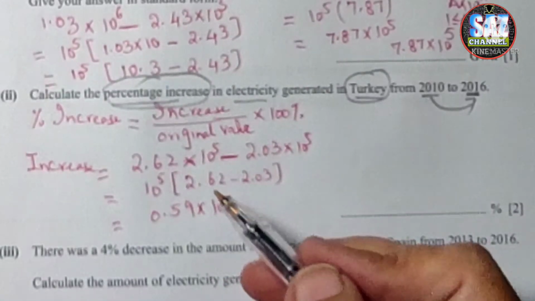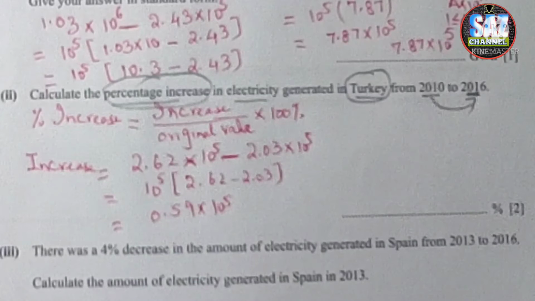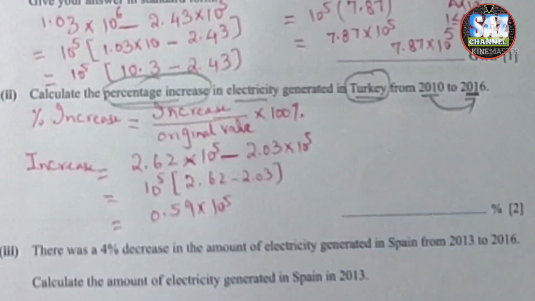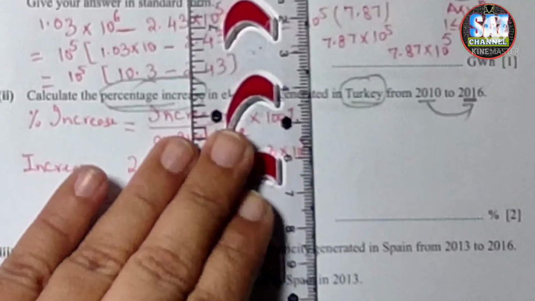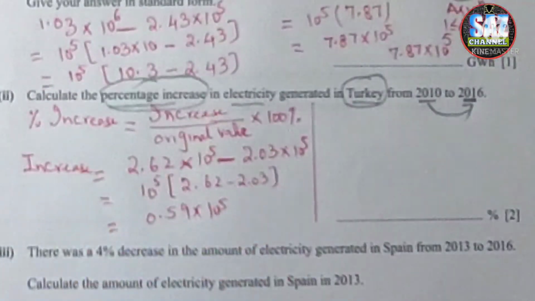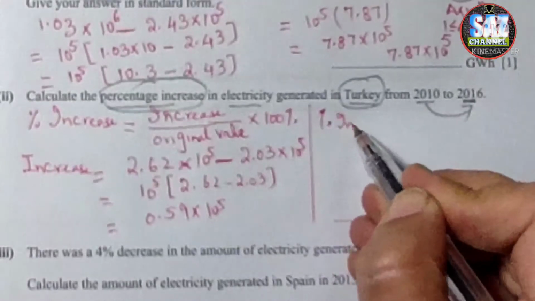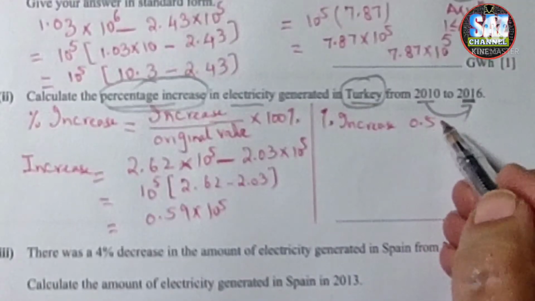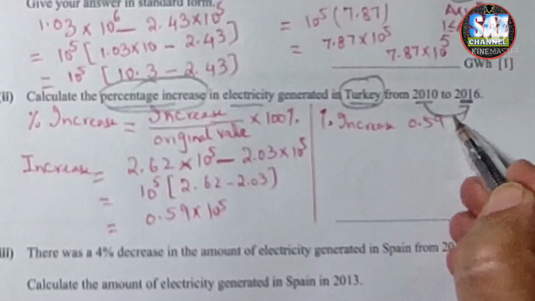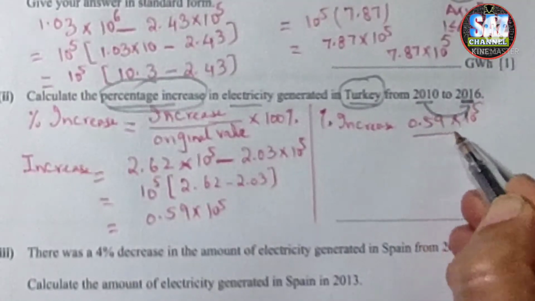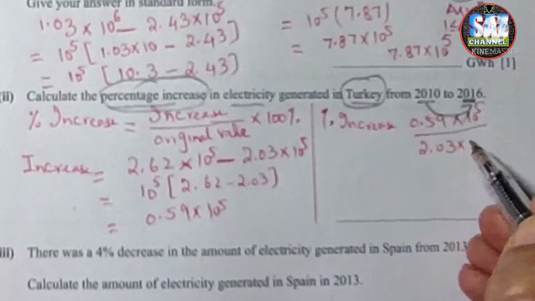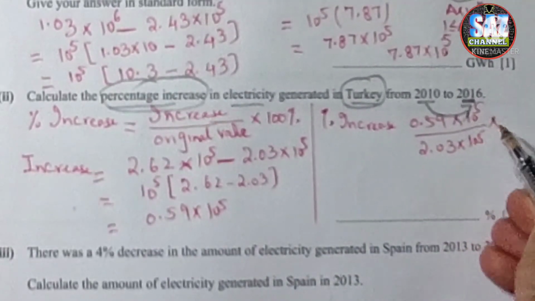Okay, for some time let's keep the answer as it is, and let's put this value in the formula. Percentage increase is 0.59 multiplied by 10 raised to power 5, divided by the original or base year, that is 2.03 multiplied by 10 raised to power 5, multiplied by 100%.